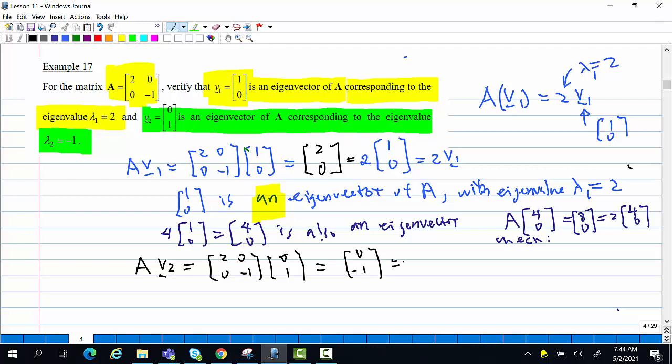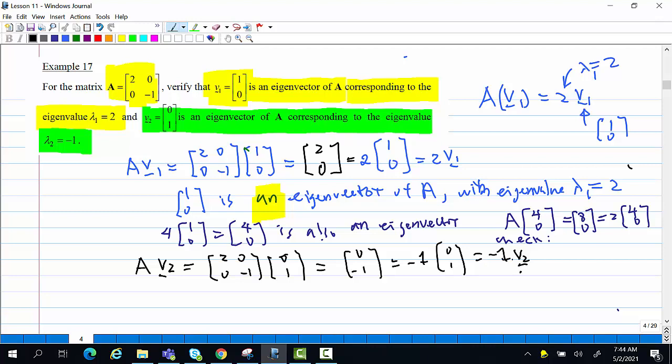So this is actually minus 1 times 0, 1, which is equal to minus 1 times V2. So you find that A V2 is minus 1 V2.